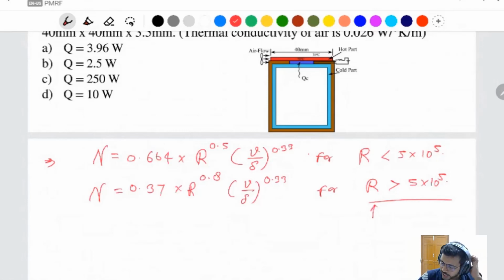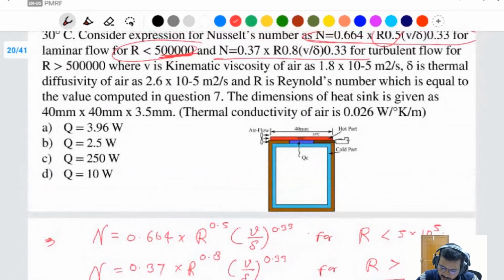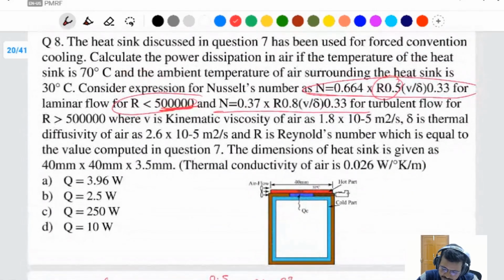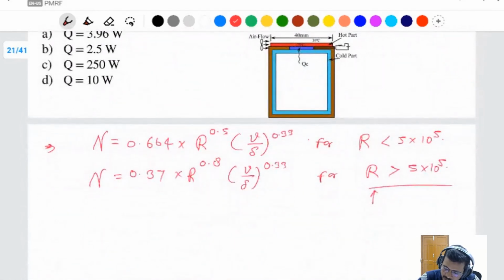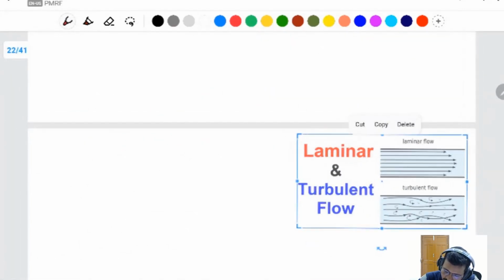Reynolds number decides the nature of flow of the air or any medium. If this one is lower than this, it is known as laminar flow. If the Reynolds number is greater than 5 into 10 to power 5, it is known as turbulent flow. Laminar and turbulent flow you can see here.